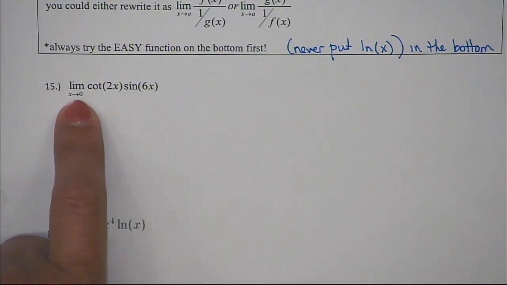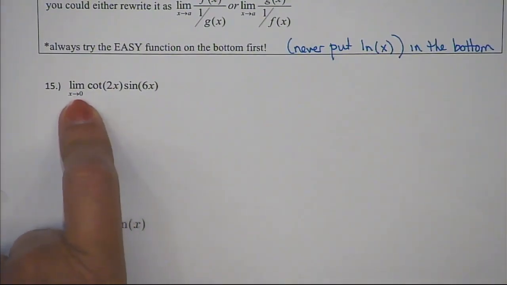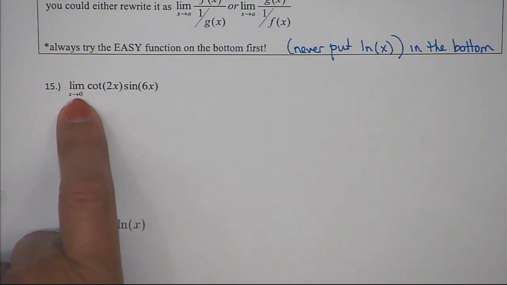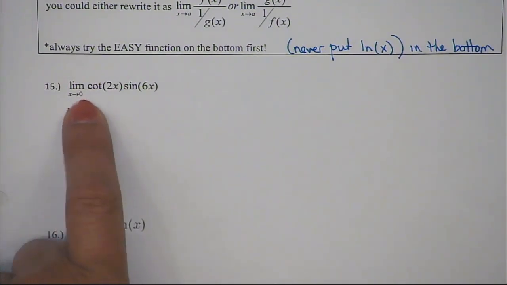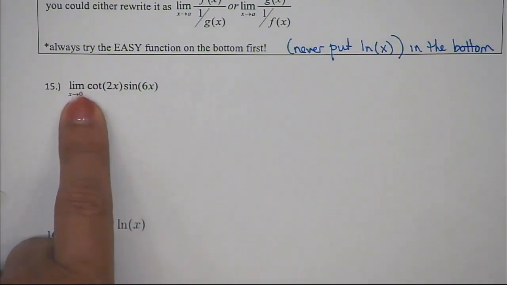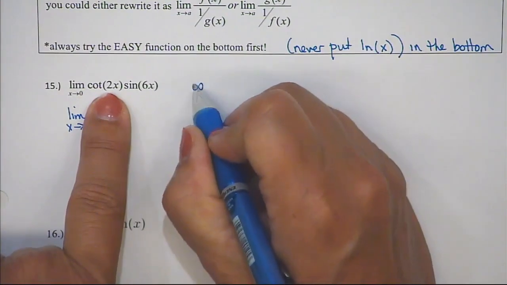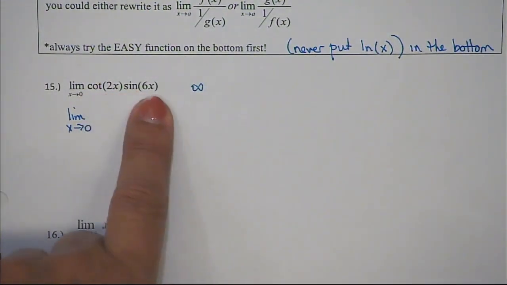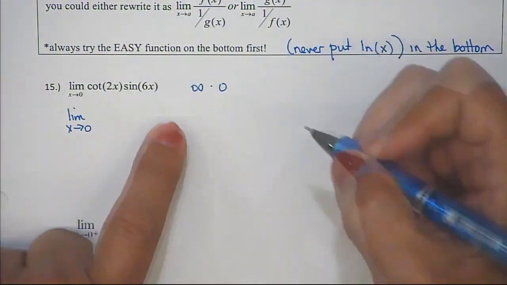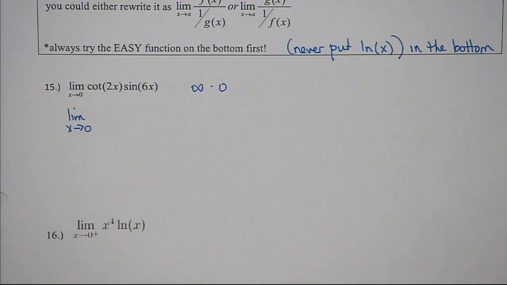So cotangent and cosecant, even though cosecant is CSC, I understand the shortcut, but the word cosecant has an O in it. Those have asymptotes at 0. So if this has an asymptote at 0, cotangent of 0, that would be infinity. Okay, and then the sine of 0, we already know that. Sines of zeros are zeros. So that gives me that form that I need.